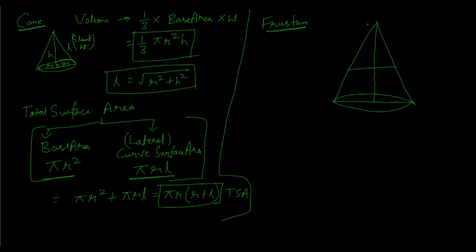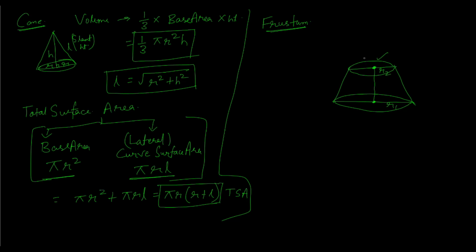After cutting it, what I get is this thing. I'm removing this whole thing, right? I will get a plane surface here as well. Now this is a circular surface, this top is also a circular surface, but the radius is different. So let's call this radius R1 and this R2, right? So this structure is the frustum structure. It looks like a bucket or a hat, something like that.